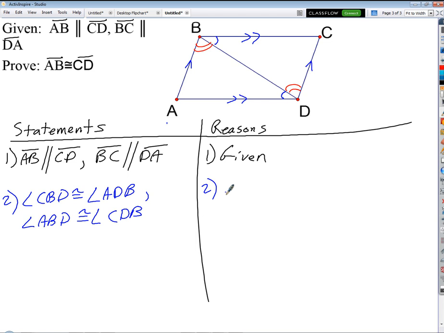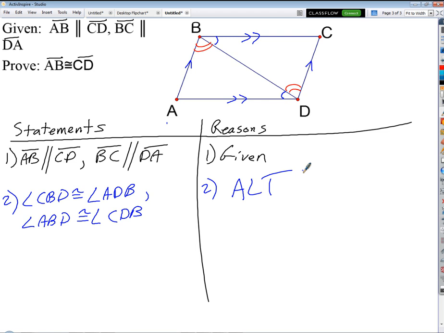Now, something that you can actually do with this, when you go to college and you're doing proofs, a lot of times, for the reason that you'll give, if it's any one of those relationships from chapter 3, when we did parallel lines cut by transversals, remember we had the originals and then we had the converses? If it's any one of those originals, whether it's the alternate interior angle theorem or the corresponding angle postulate, etc., in college you'll probably write all of those as just ALT.